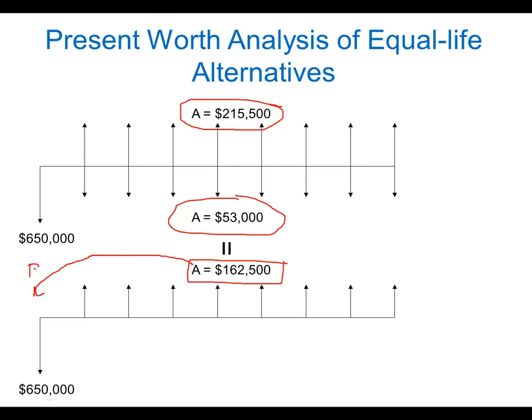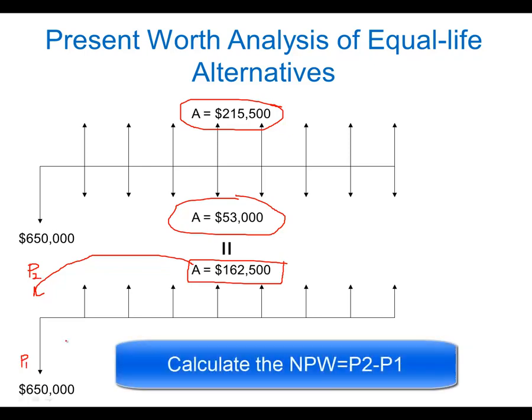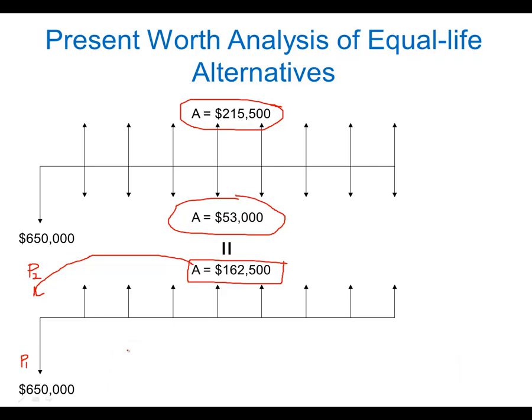So this will be P2, this is P1, and I will find the net present worth, or calculate the net present worth, to see if this project is profitable or not.